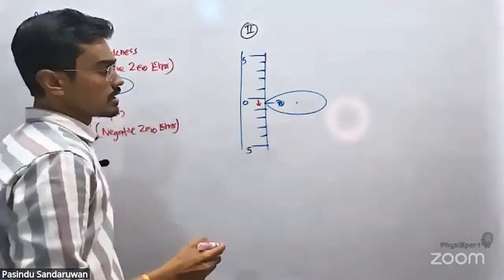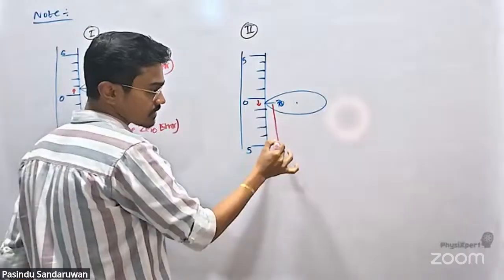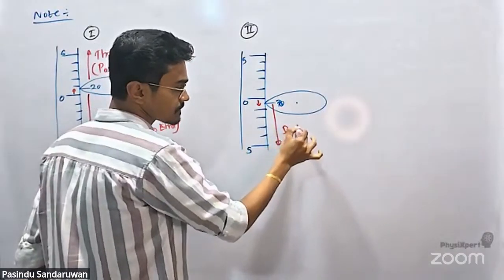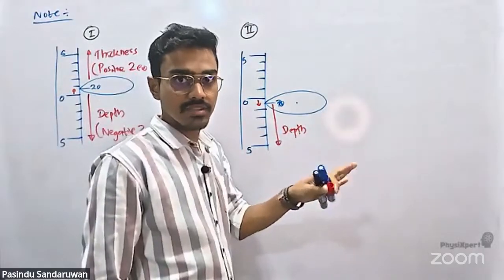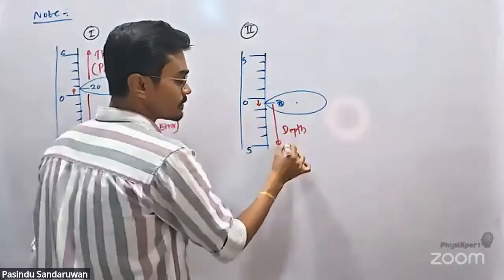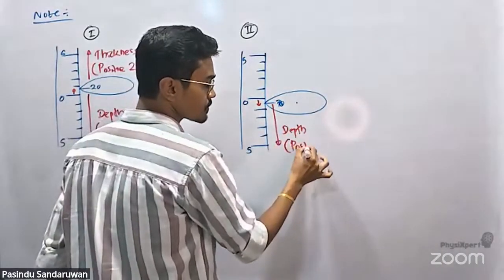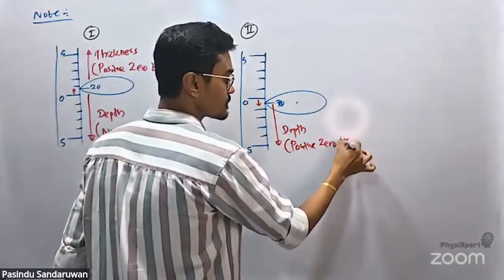Now, if you measure a depth like this, from the below side, the reading is already gone for some value. Therefore, for this depth, it becomes a positive reading, positive error, positive 0 error.